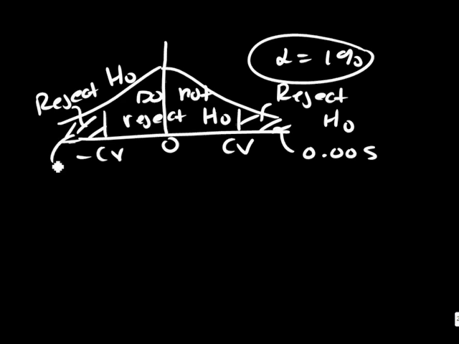What that implies is we have here 49% in the do not reject the null hypothesis region.